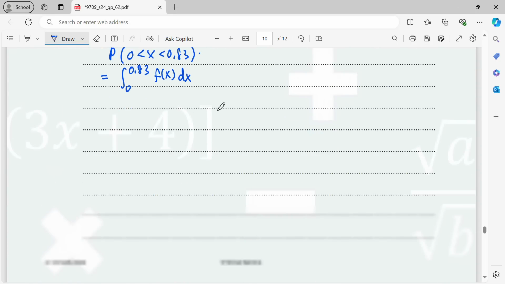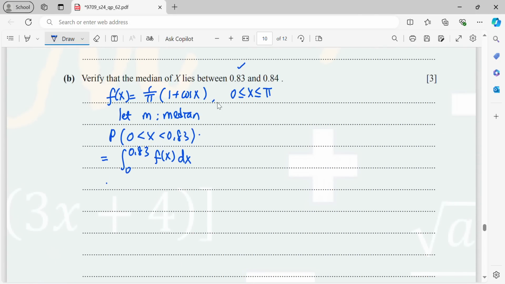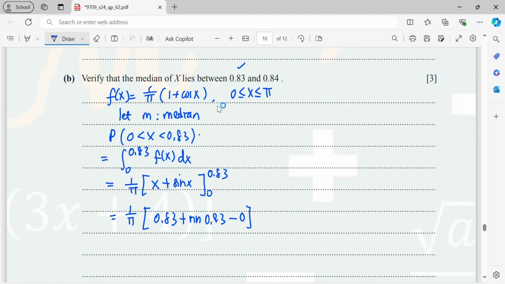Okay, so my integration will be 1 over pi x plus sine x from 0 to 0.83. So now, you replace the x by 0.83, then you minus 0. Because when x equals to 0, in the previous calculation, we know that all equals to 0.